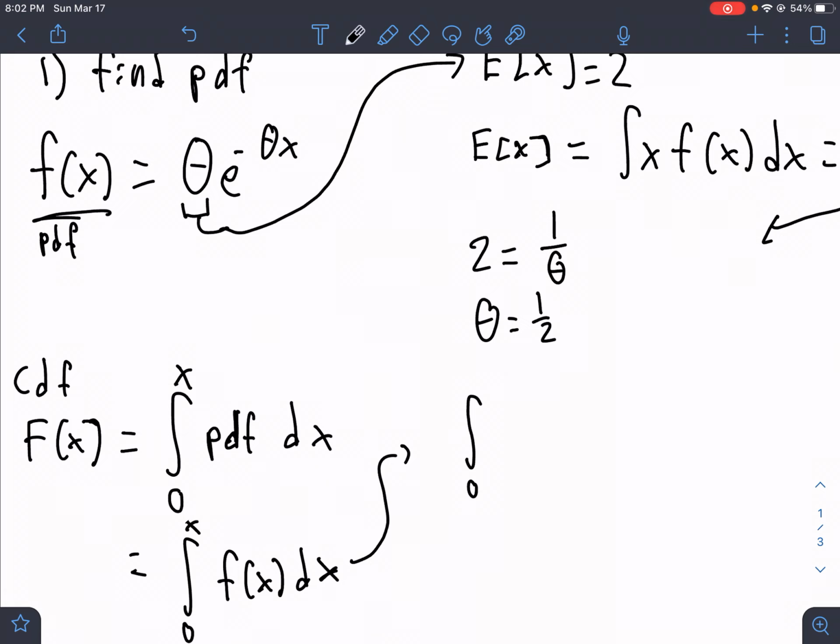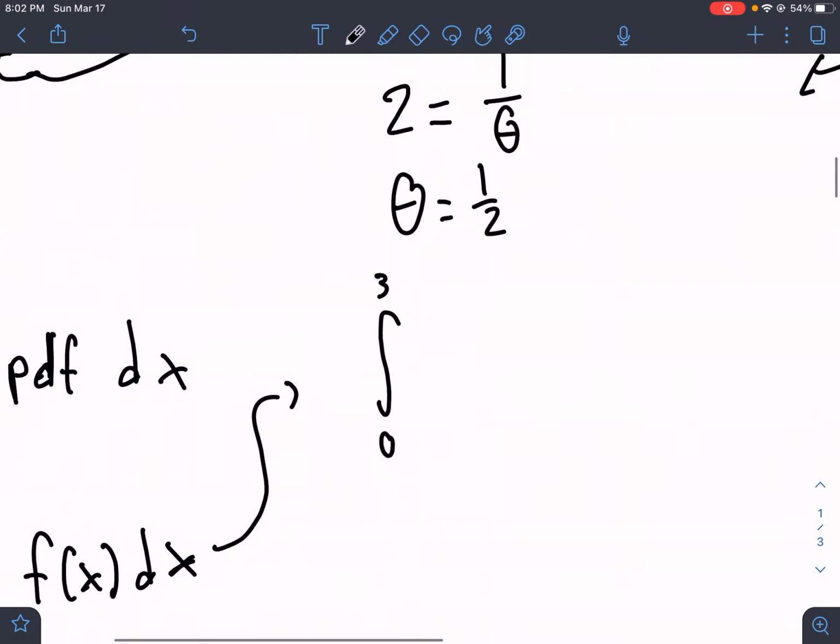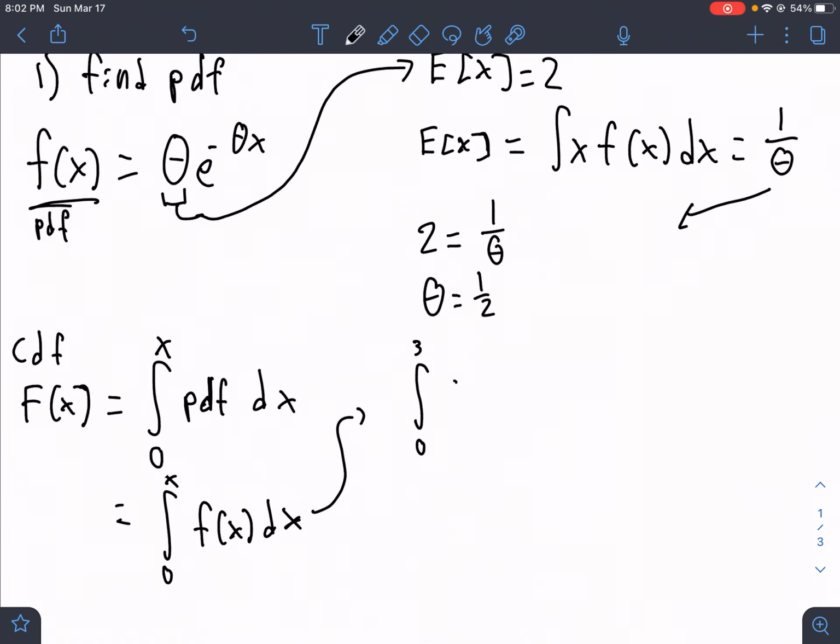So what we could do is find the CDF from 0 to 3 and subtract that from 1, because the total probability will always be 1, and that will give us the probability that a student starts studying before 3 days. So let's find the CDF where x equals 3. So now we just plug in our PDF function, but theta is 1/2, so 1/2 e to the negative 1/2 times x.